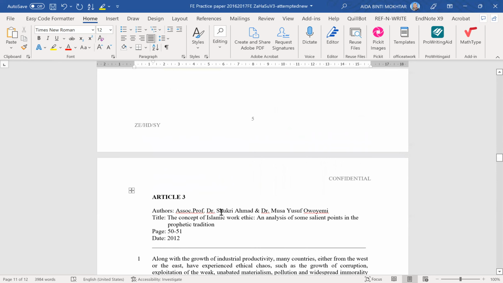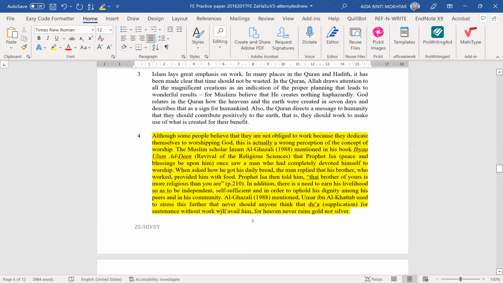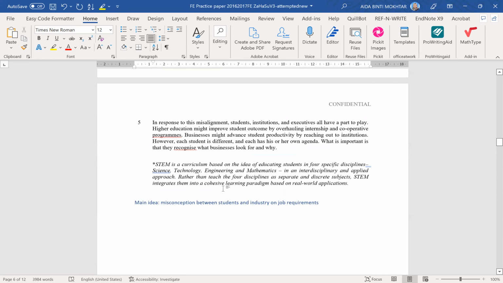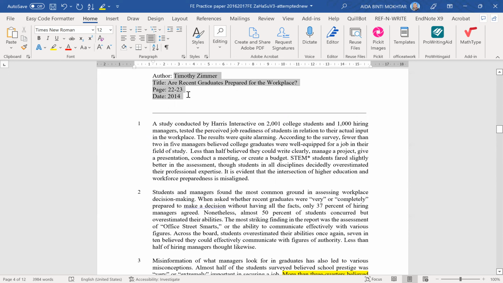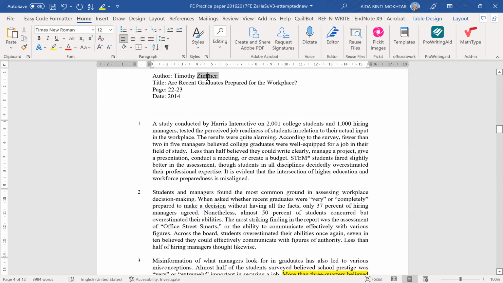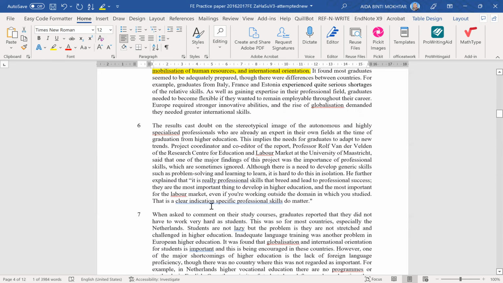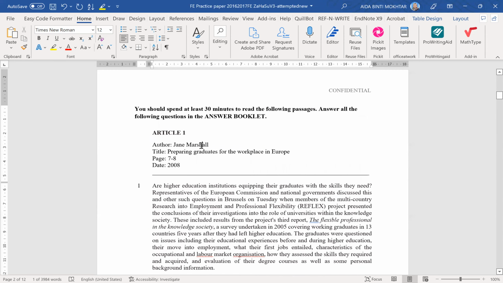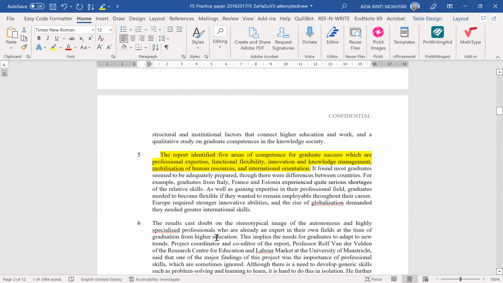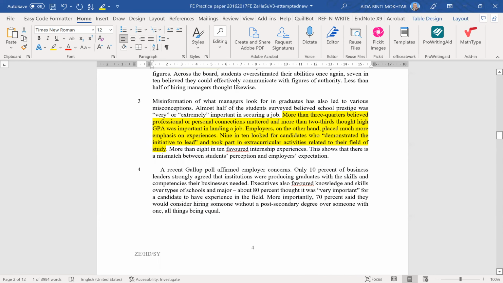The third one was about Islamic ethics, Zimmer. So obviously this is Zimmer 2014, and the previous paraphrasing was from Marshall, 2008. I think it was a paraphrase.